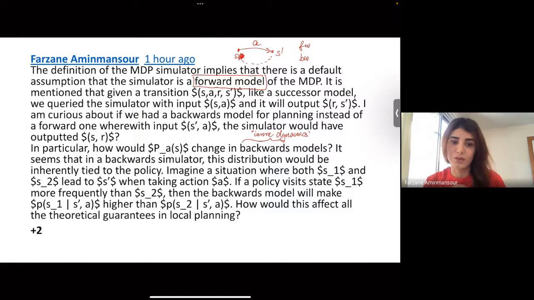Like S1 and S2. And we really don't know what the distribution over them would be. And it would be based on what policy we took before getting to state S prime. So in that sense, I was wondering how this P of A given S would change for backward models.